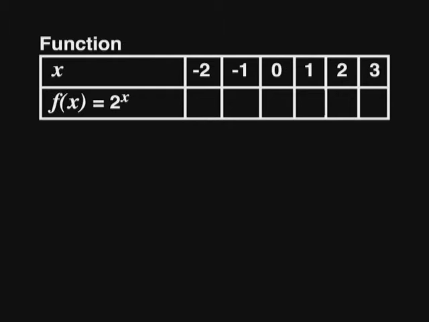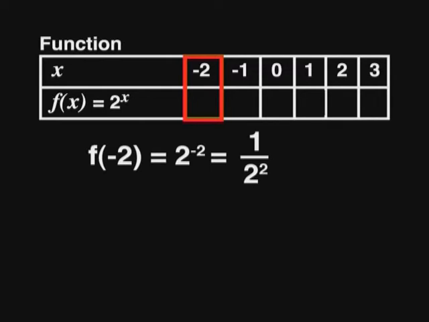Okay, if x is equal to minus 2, then f of x is f of minus 2, which equals 2 to the power of minus 2, which is the same as 1 over 2 to the power of 2, which is 1/4. Then the next one would be if x is equal to negative 1.